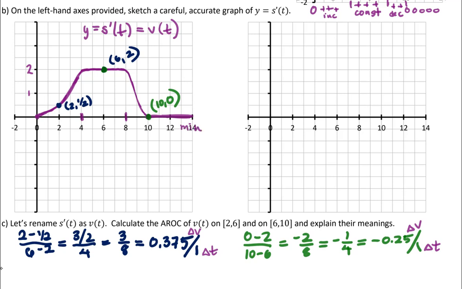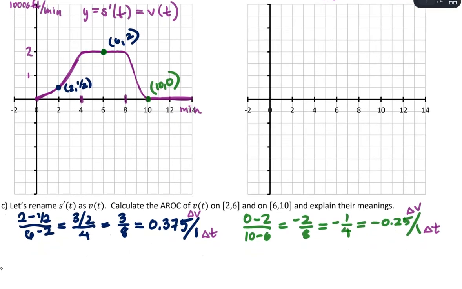The x-axis stays the same, but the y-axis is now slopes from that original function, which will be thousands of feet per minute. So the y-axis is now velocity, and we're getting average rate of change of velocity. So this is 0.375 thousand feet per minute.